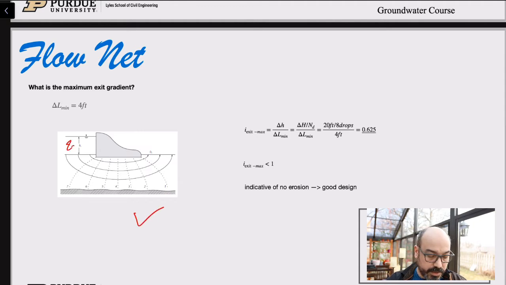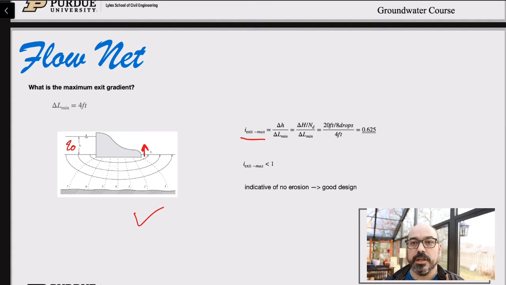So here's the slide, the same Flownet as last time. Remember, this was 20 feet of head difference between the reservoir and the river. The maximum exit gradient is essentially the gradient on this cell at the toe of the structure. This is really important because that's where erosion might happen.